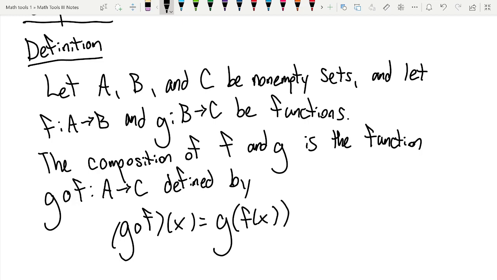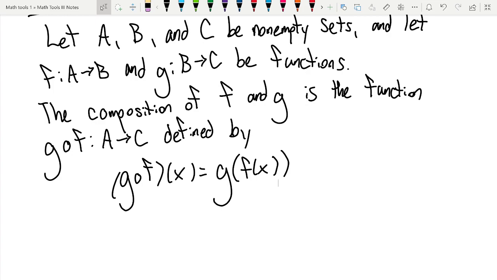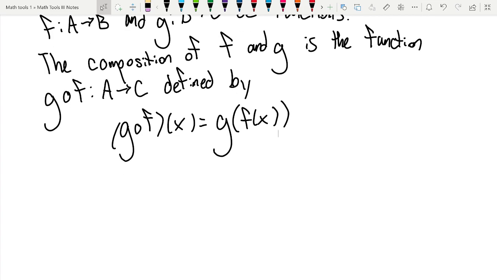The more common notation that we saw. I don't want to say it's more common, but it's my preferred notation. I don't really like the circle one. I don't think it looks very good handwritten because it's hard to distinguish from an O. Okay, so for all x in A. Okay, so we call this a composite function.